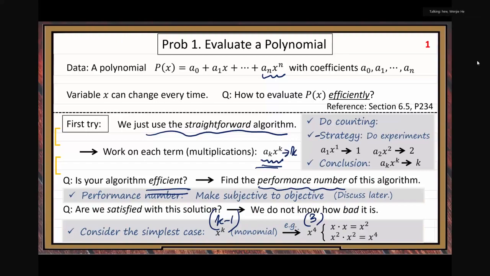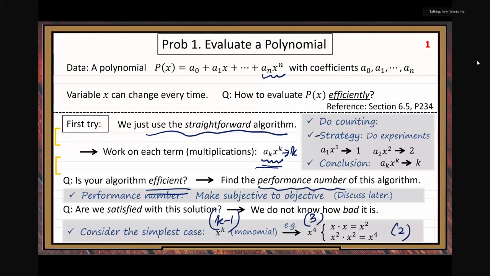So let's do x squared times x squared to get x to the fourth. So 1 more multiplication, we get x to the fourth. So in this way, we need 2 multiplications. Better than 3 multiplications, right?